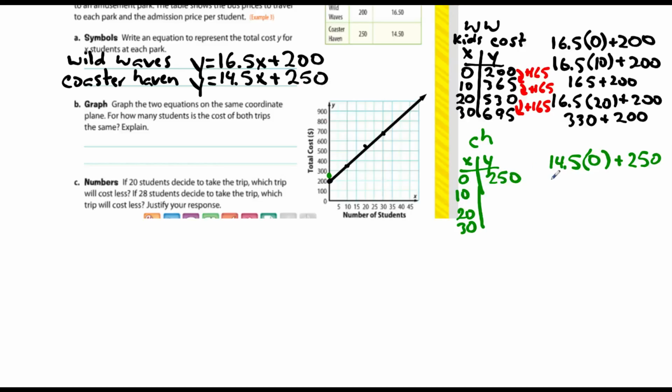And then our next one would be 14.5 times 10 plus 250. So 14.5 times 10, same thing as up here. We just move the decimal over one place, so that's 145 plus 250. So that is 395, right?